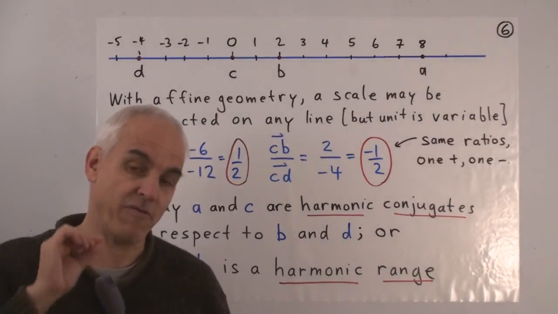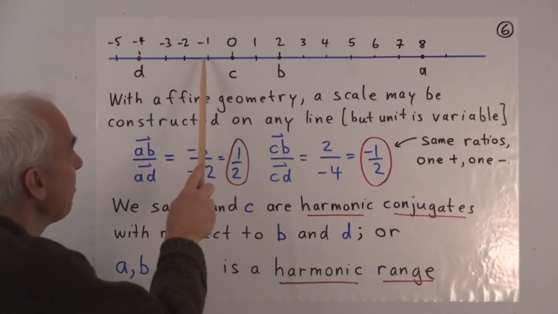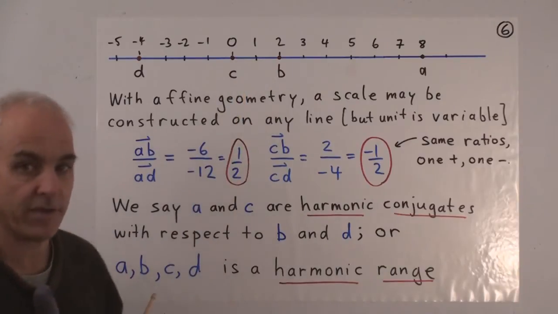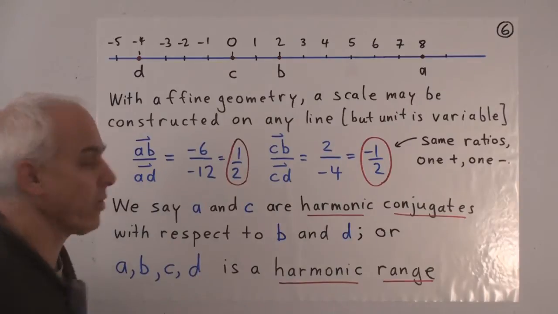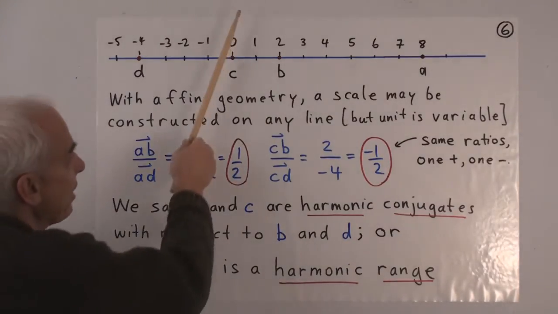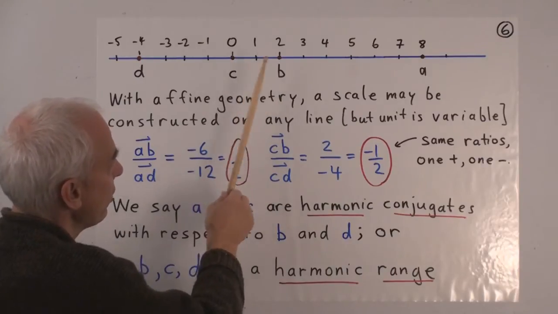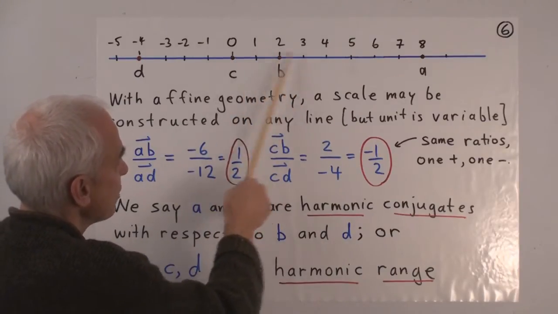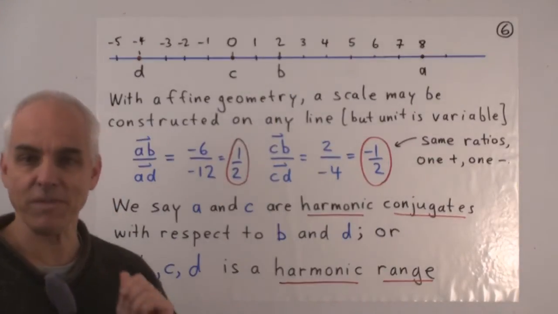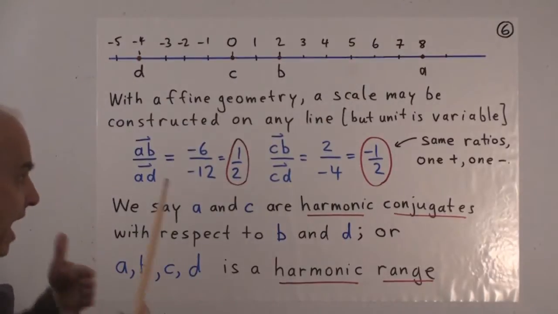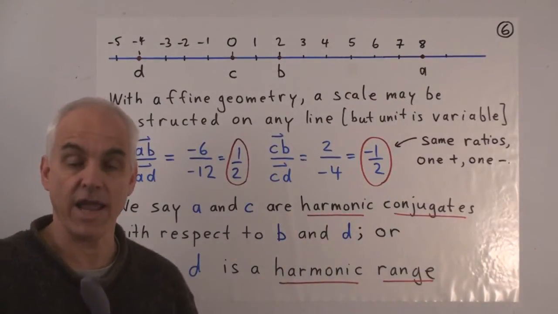If you have the notion of parallel lines, then it's possible to repeat a segment on any given line. So if you mark this point 0 and you mark this point 1, then only using parallel lines you can create another marker 2 and then another marker 3 and so on, so that these are all equally spaced. And you can do that using only parallel lines. So in affine geometry you are able to make a scale like this on any given line.